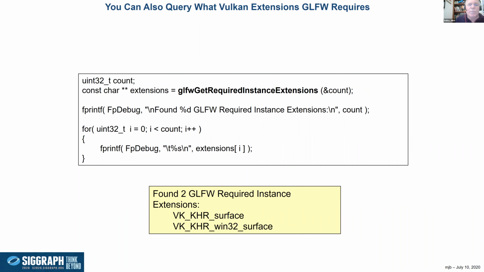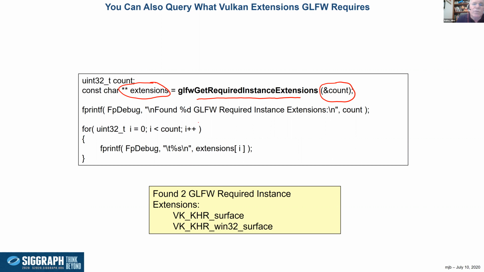There is a place in GLFW for you to ask, do I have the required extensions? There's a way you can ask for that. And so here, when you say get required instance extensions, it's going to return back to you how many extensions Vulkan has, and it's going to put those strings right here.